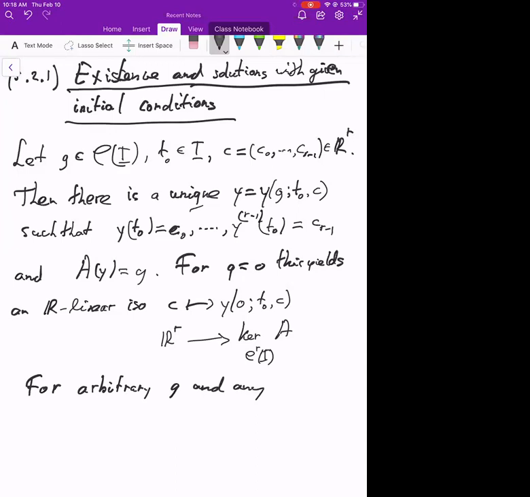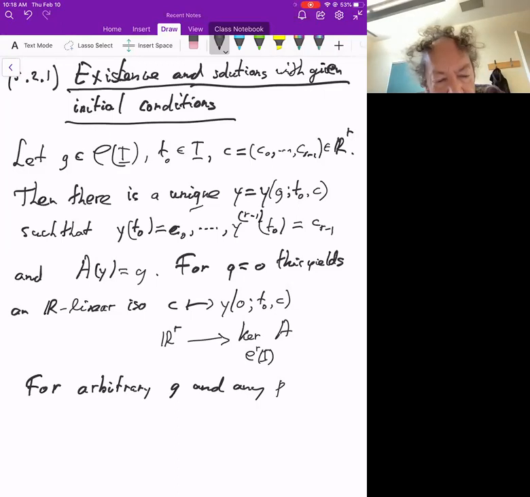Excuse me, don't you need class C1 for the coefficients fi, or Lipschitz or something like that, in order to have uniqueness? I don't think so.